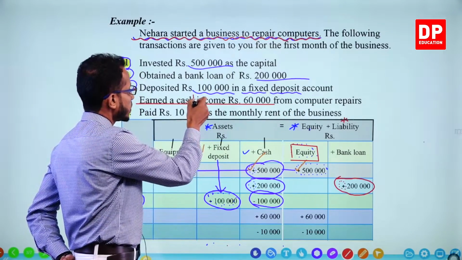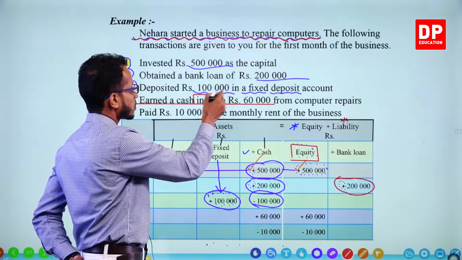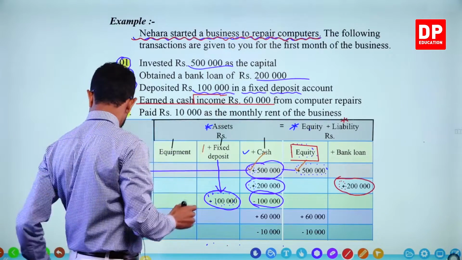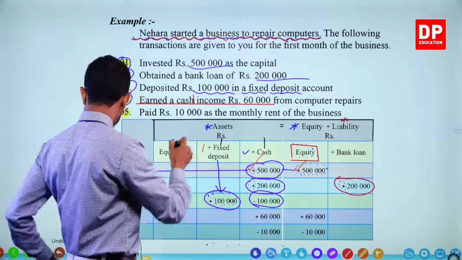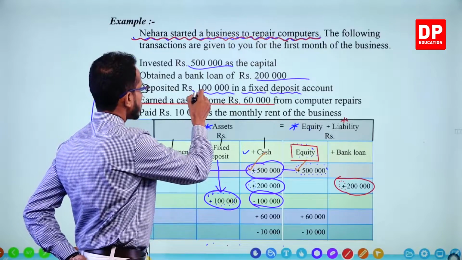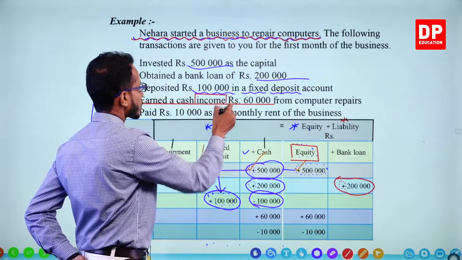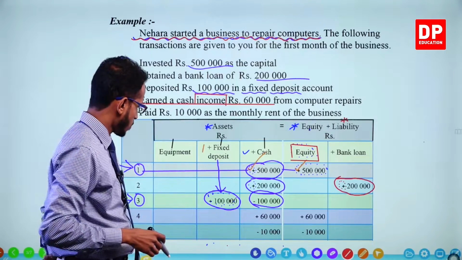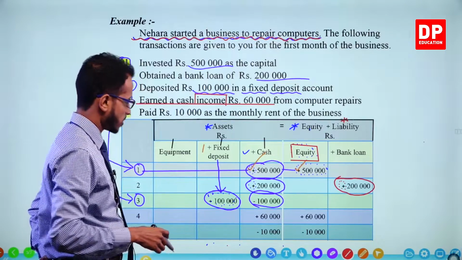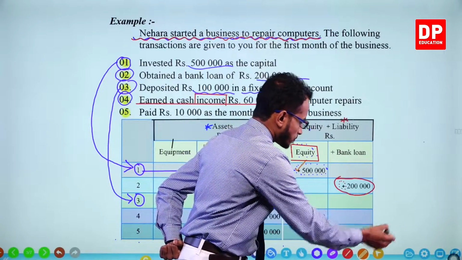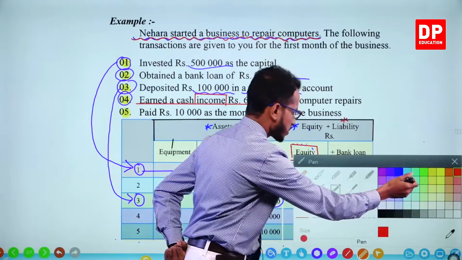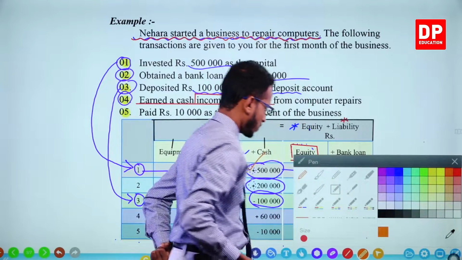Let's see how incomes are recorded quickly. We are in the fourth transaction, and the fourth transaction is a special one. It is an income.